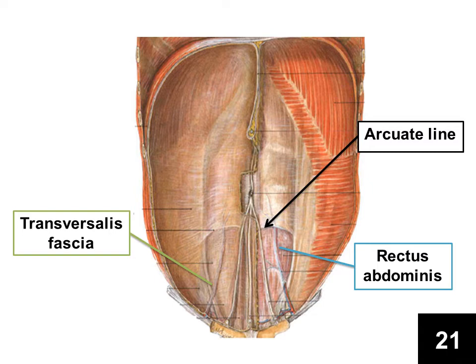You can see the arcuate line, because here we have no posterior wall of the rectus sheath, so this line remains, the arcuate line. You can see the vessels: the inferior epigastric vessels pass deep to the arcuate line, entering the rectus sheath.